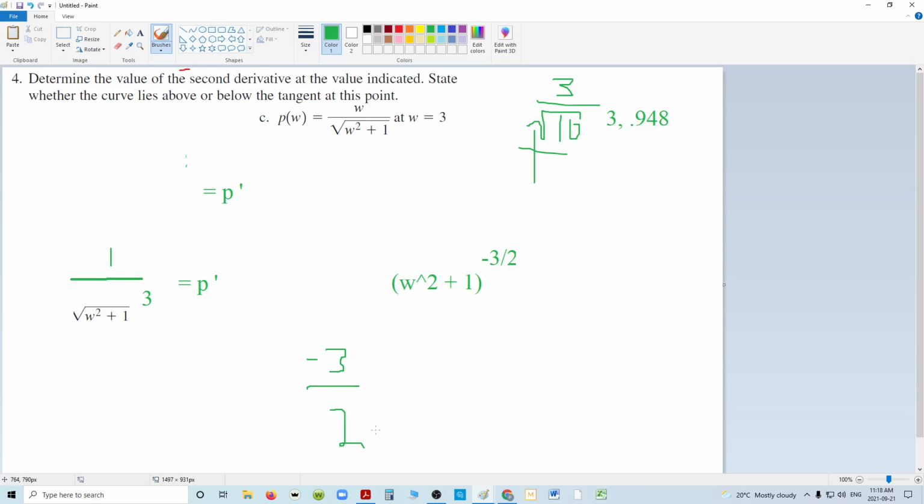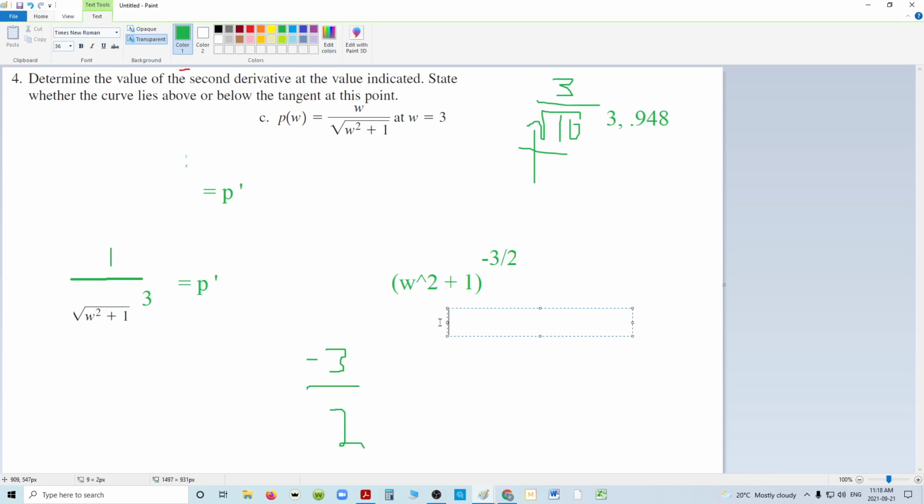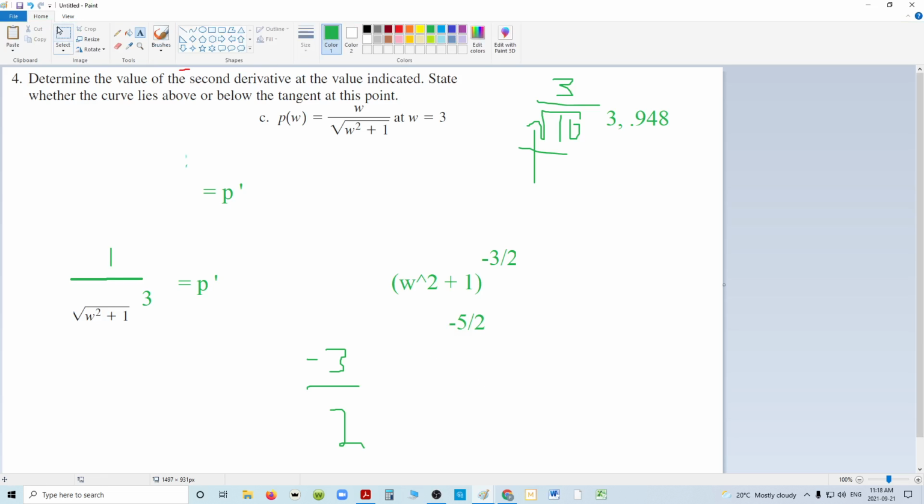I have to lower minus 3 over 2 by 1, so it becomes minus 5 over 2. This stays in the bracket as is, and I'm multiplying it all by the derivative of that, which is 2x. Right away I can see my 2's cancel. I'm left with minus 3x at top.